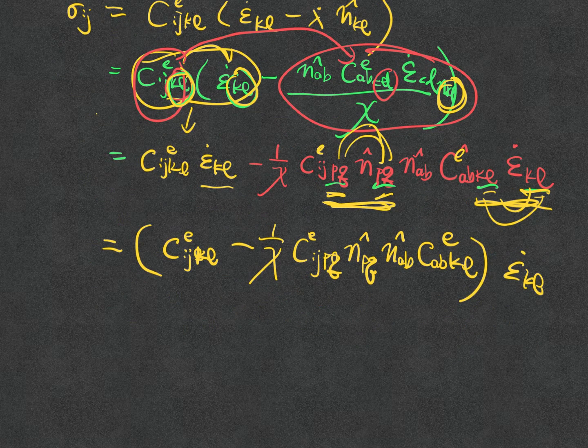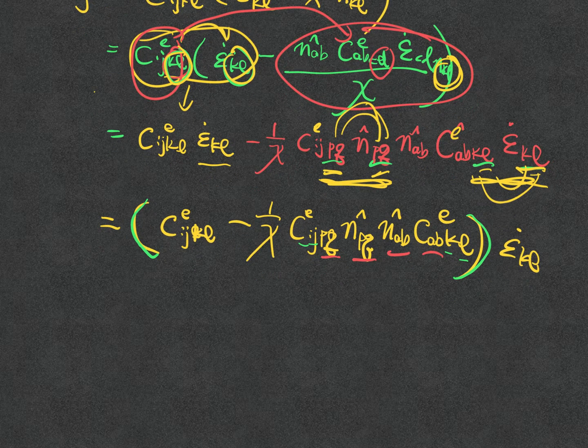Now, if I actually take out this term, notice that PQ is not a free index, AB is not a free index. However, in the second term, IJKL only appear once inside this bracket. Now, if I combine them together, then this whole thing is C^EP_IJKL.